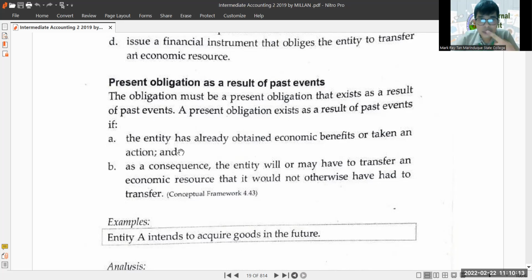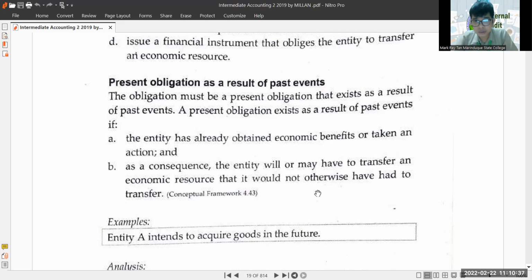Una, the entity has already obtained economic benefits or taken an action. Sige. Letter B, as a consequence, the entity will or may have to transfer an economic resource that it would not otherwise have had to transfer. Ano daw? Okay. Sige. As a consequence, the entity will or may have to transfer an economic resource.